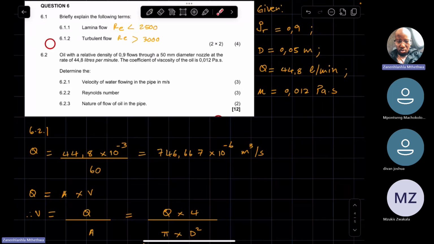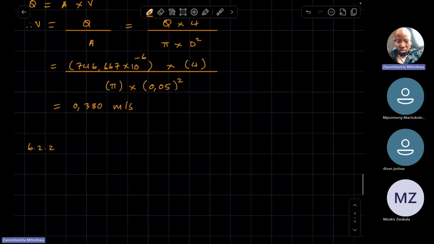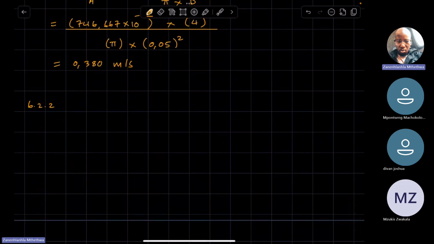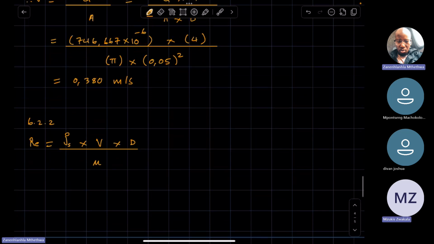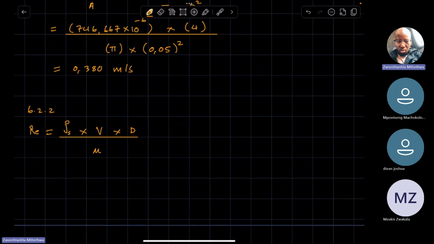6.2.2. Now they want us to calculate the Reynolds number. The formula for calculating the Reynolds number will be the density of the substance times the velocity times the diameter divided by the viscosity, or the coefficient of viscosity.